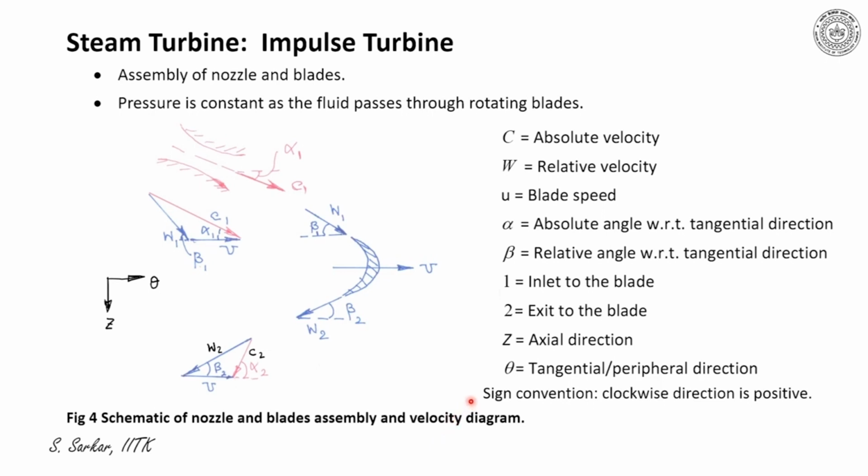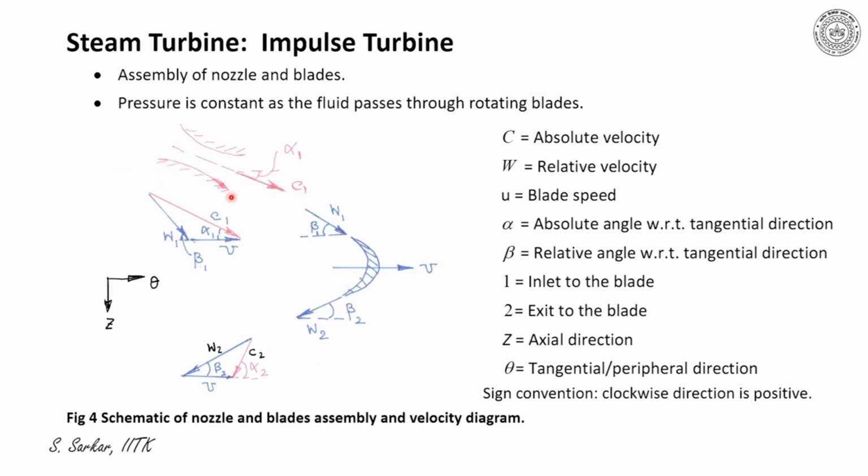Regarding sign convention of the turbine, I have considered clockwise direction is positive. Thus, I have presented here the nozzle along with the rotating blade.